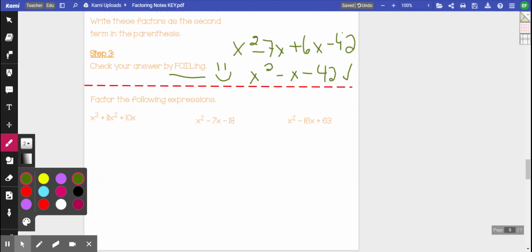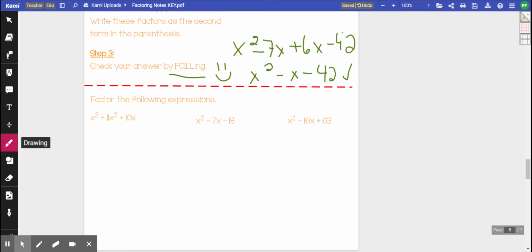Keep in mind when we talked about it at first, the first factoring technique was GCF, and I said always look for that first. That definitely comes into play in this first problem because each one of these 3 terms has an x in common. So let's pull out that GCF of x, in which case we'd have x times x squared plus 11x plus 10. Now that is a trinomial that I can factor.